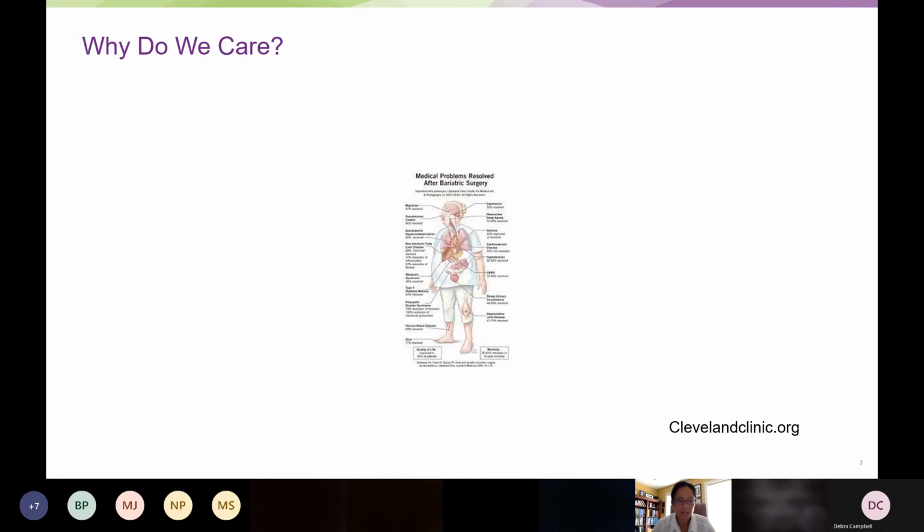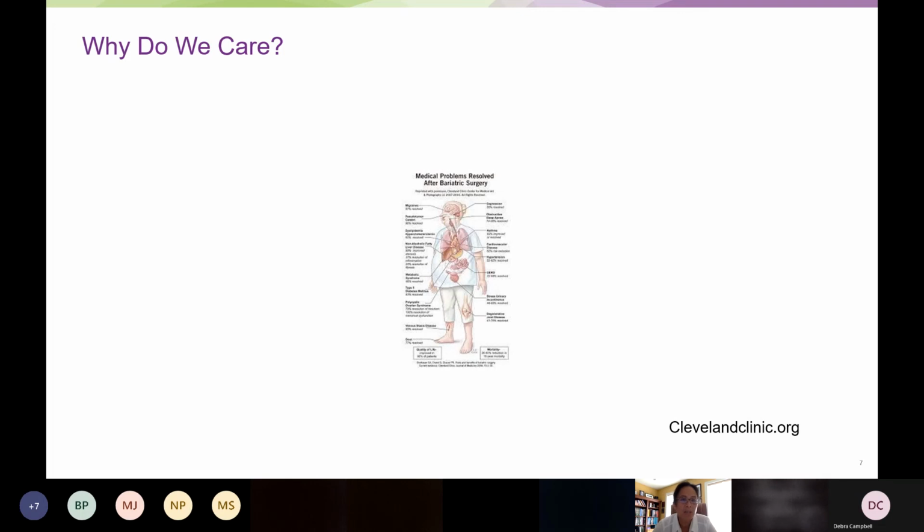Venous stasis changes about 90% of the time as people lose weight. Depression, I tell you what, if you get rid of all these other medical issues, depression would get better too. And depression gets better about 50% of the time as you lose weight. Sleep apnea gets better 75% of the time. Heart disease gets better, actually risk reductions 80%.